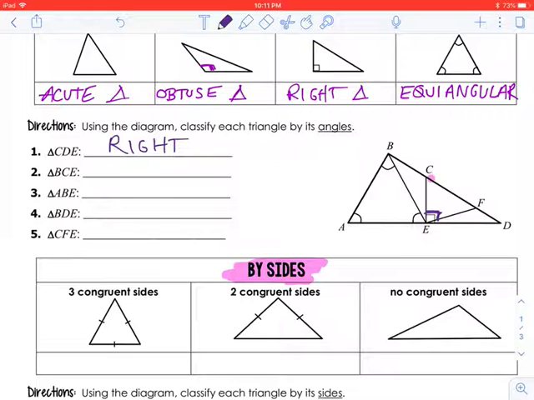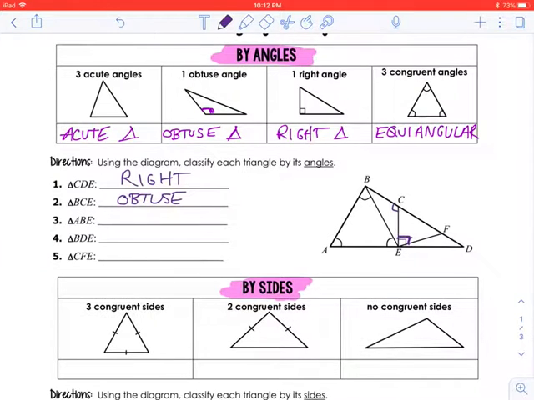BCE is like that. The top right angle here for BCE is obtuse, so that would be an obtuse triangle, and so on. Okay, that's how you classify based on angles.